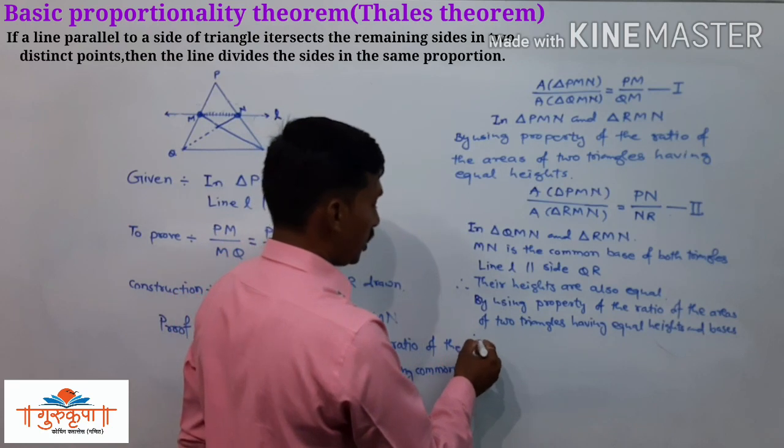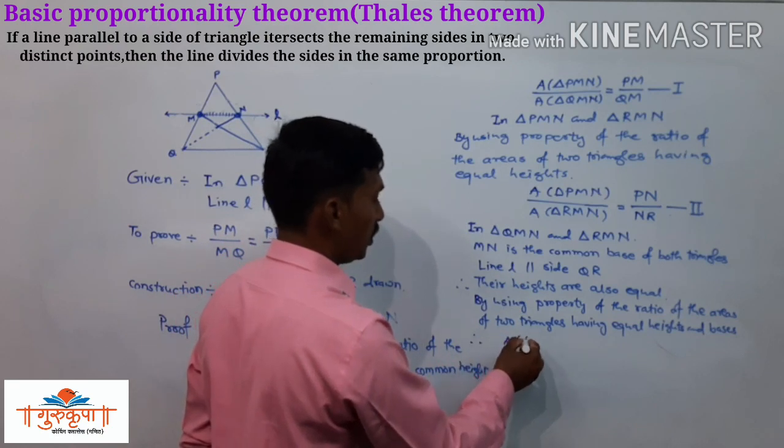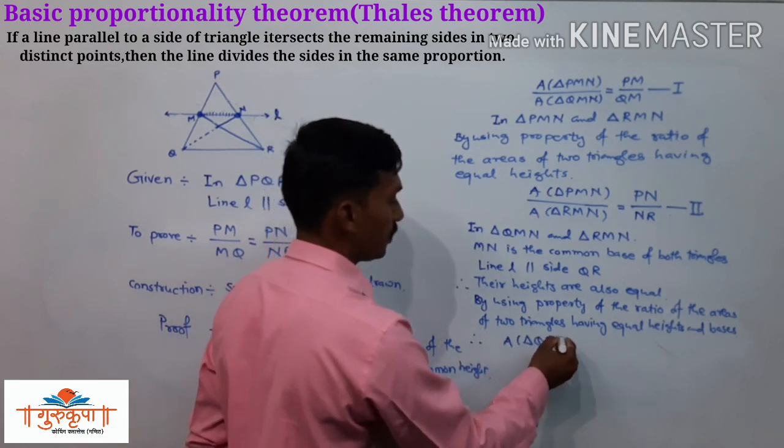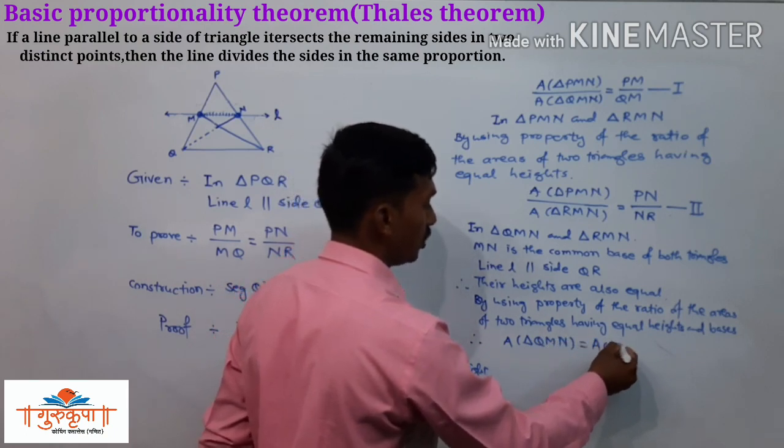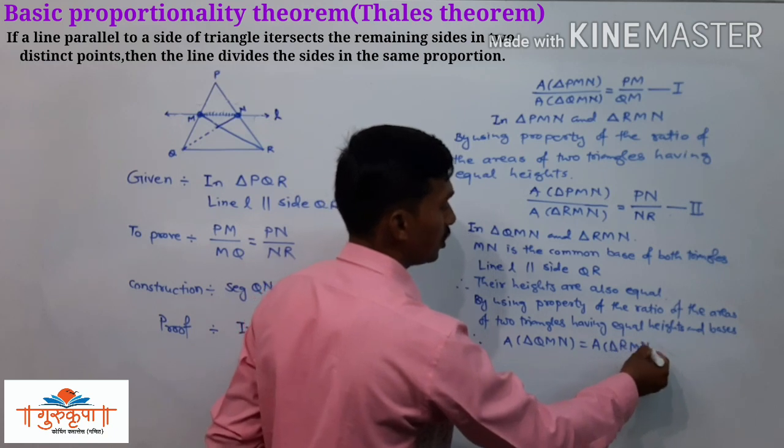So we can write here area of triangle QMN is equal to area of triangle RMN. This is the third equation.